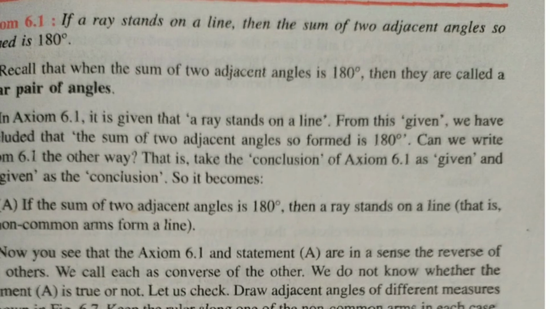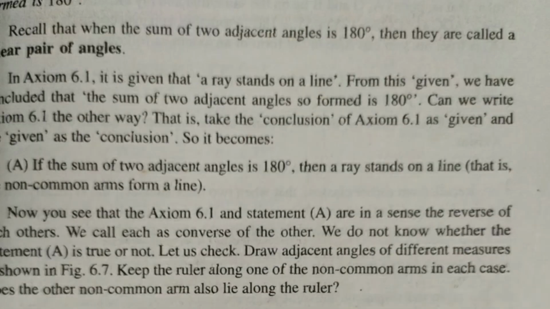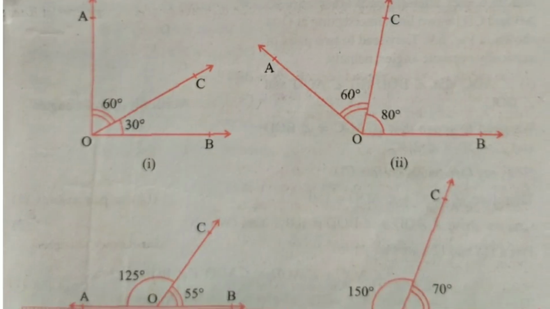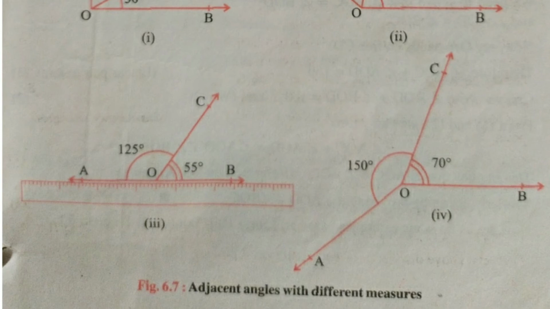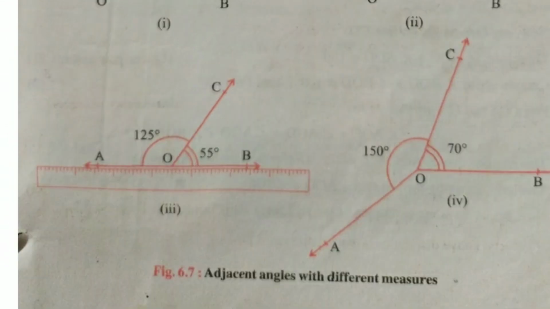If a ray stands on a line, then the sum of the two adjacent angles so formed is 180 degrees. Recall, when the sum of two adjacent angles is 180 degrees, they are called a linear pair. A straight line's angle must be 180 degrees, as you can see in figure 3.